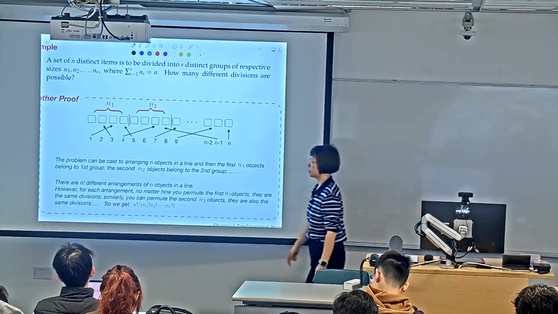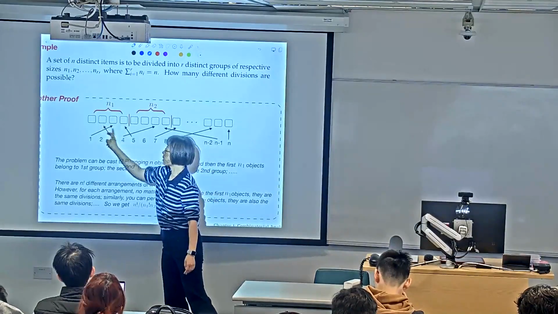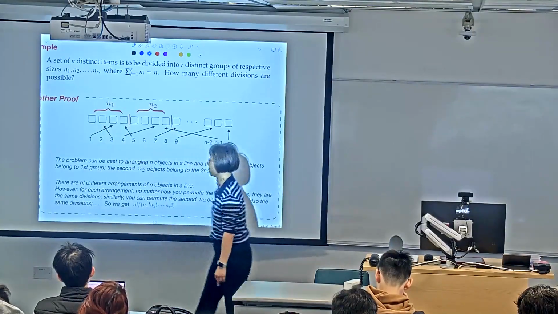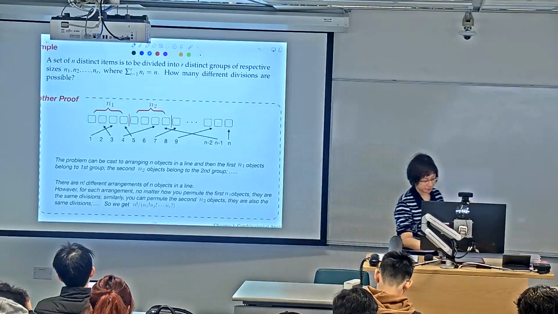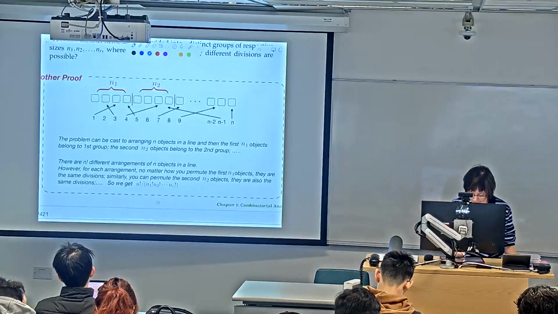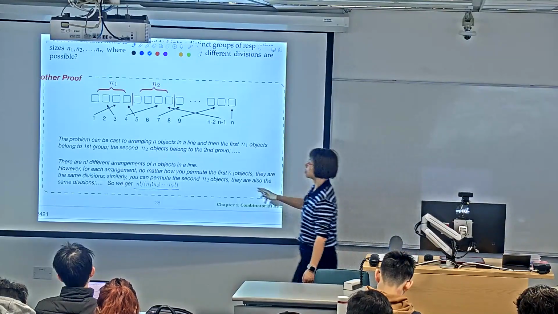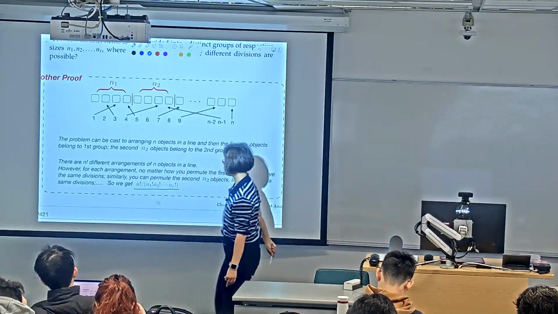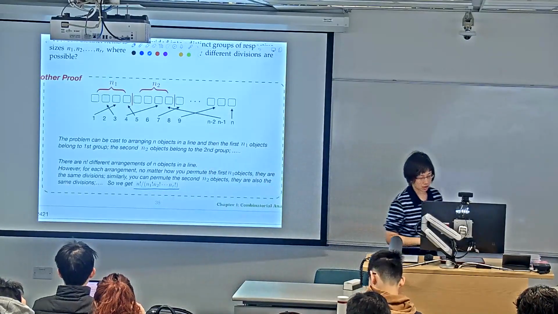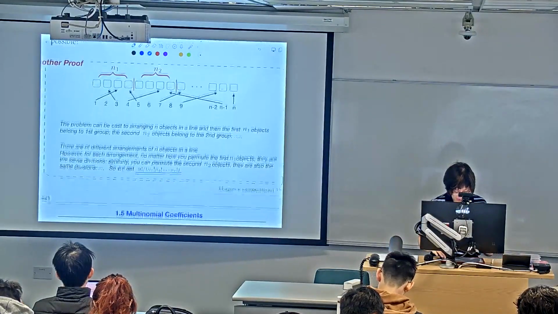This comes from the permutation, the ordering of these n1 objects and also the n2 objects. So eventually, we can use n factorial divided by the orderings within each group, which is n1 factorial times n2 factorial times nr factorial. Okay, that's another way of getting the same number.